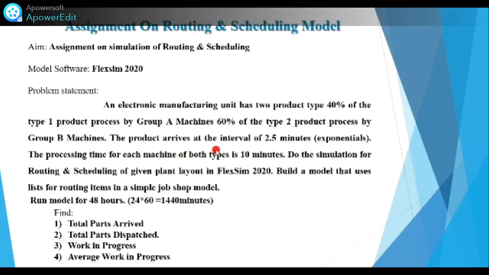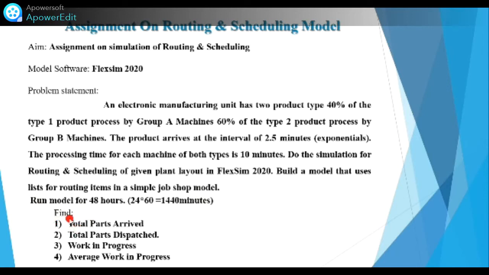The products arrive at an interval of 2.5 minutes exponential. The processing time for each machine of both types is 10 minutes. Do the simulation for routing and scheduling of a given plant layout in Flexsim 2020. Build a model that uses the list of routing items in a simple job shop and run the model for 48 hours.